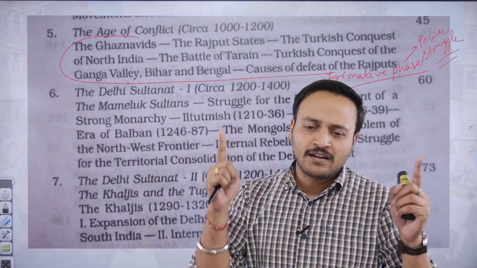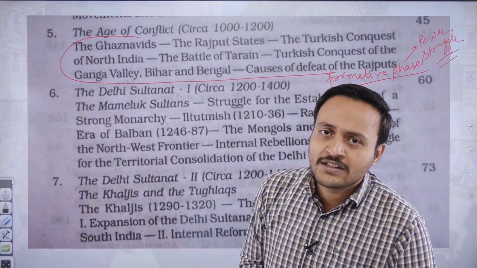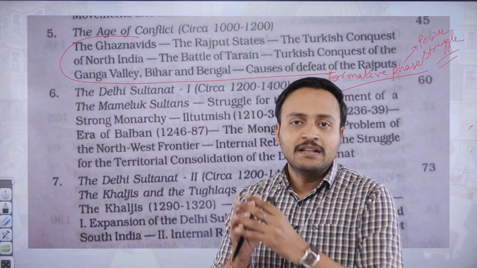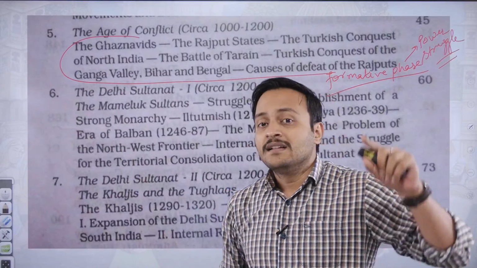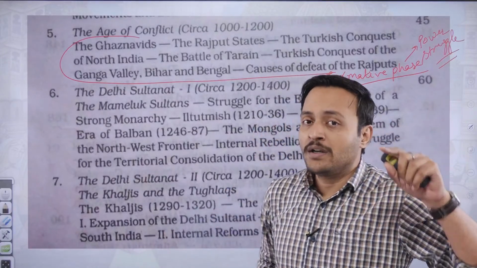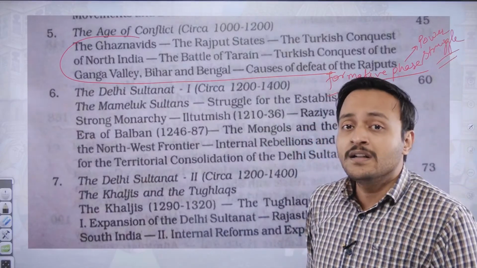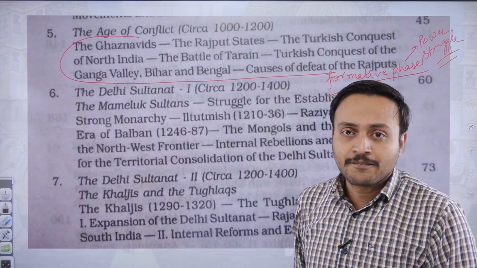So why were they fighting against each other? Because Rajputs were getting dominant in northern India, whereas in the areas sharing the border with northern India, in Central Asia, the Turks were emerging as a big power.